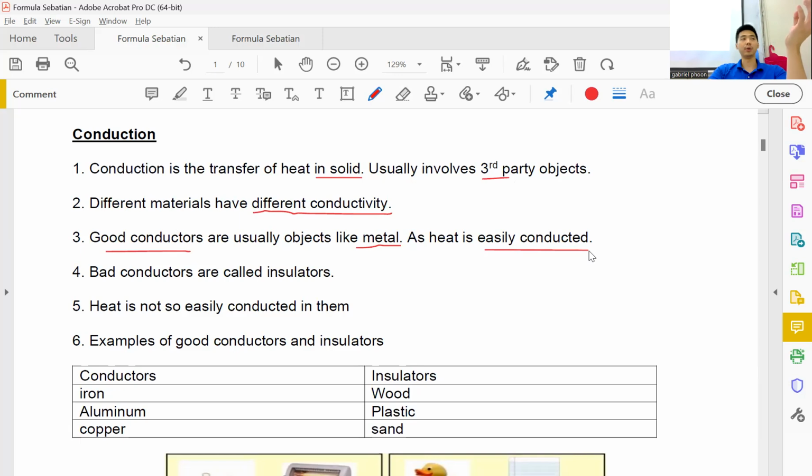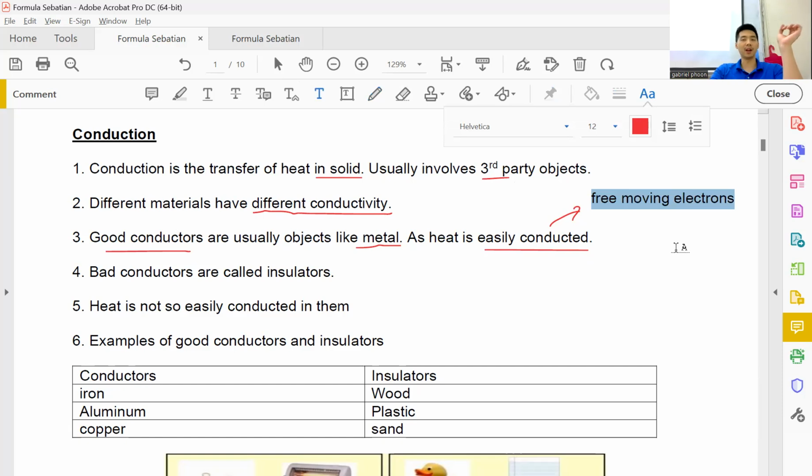Good conductors are generally things that can conduct heat and electricity. The reason why they are easily conducted is because they have free moving electrons, same like what you see in your chemistry, guys. That's why metals can conduct heat and can conduct electricity.